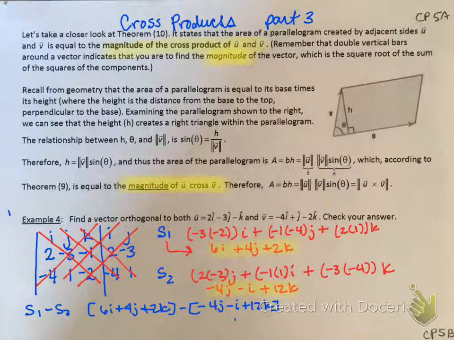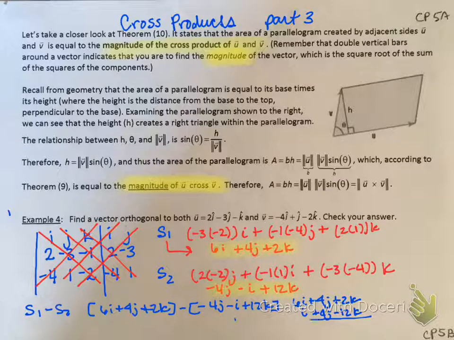Okay, so if I distribute the negative sign throughout this thing, I get 6i plus 4j plus 2k, and now I'm going to change signs. So negative times a negative is a positive 4j. A negative times a negative is a positive i. And a negative times a positive is a negative 12k.